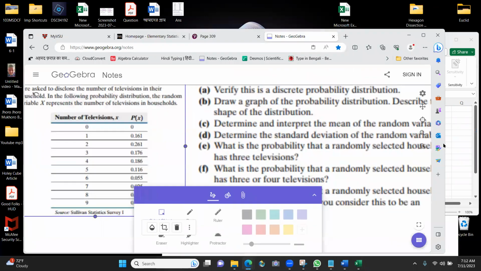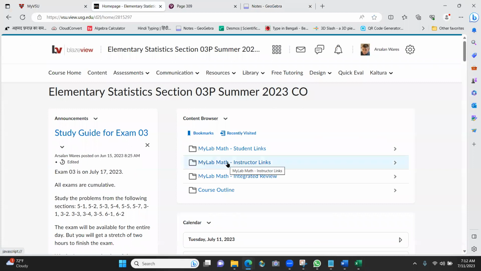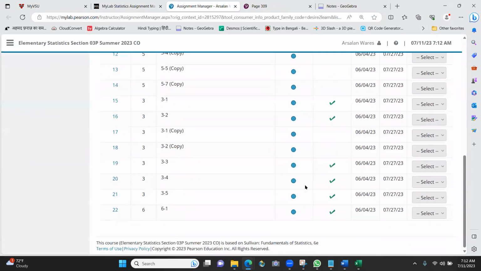Guys, let me do a similar problem from your MATLAB. I don't feel comfortable entering the data manually. It's going to be a challenge. So I'm going to grab one of the homework problems I have assigned to you.